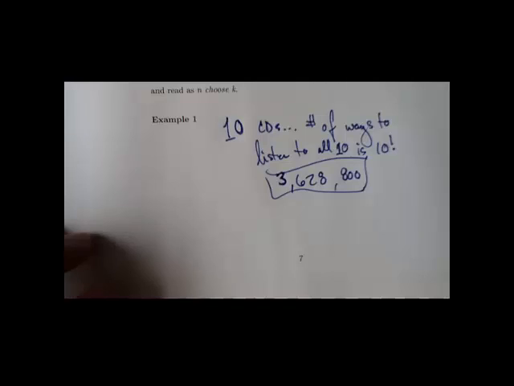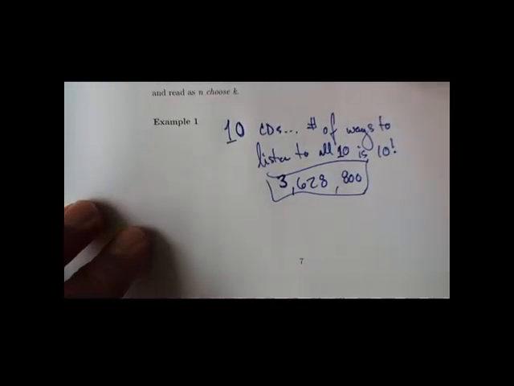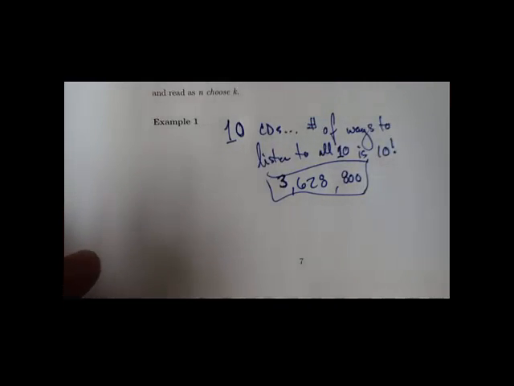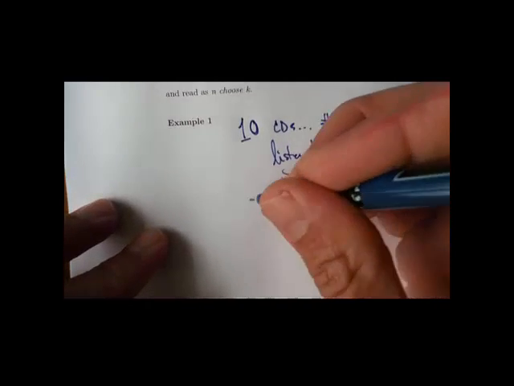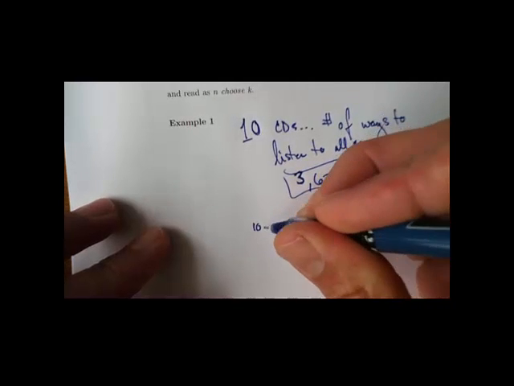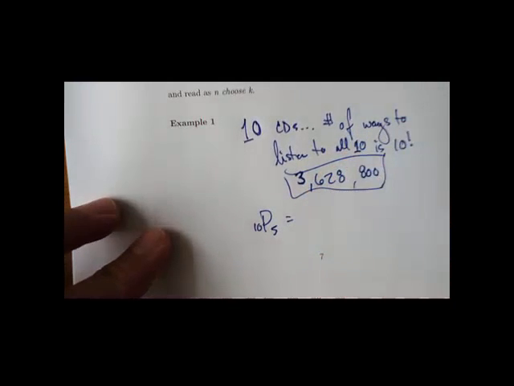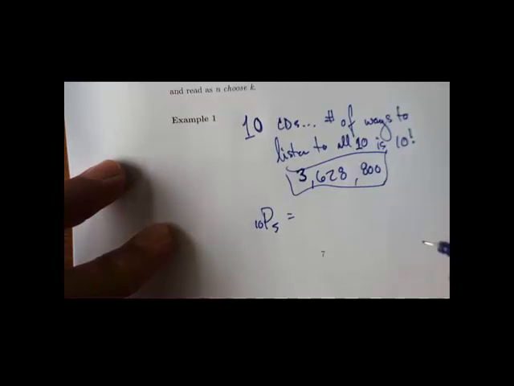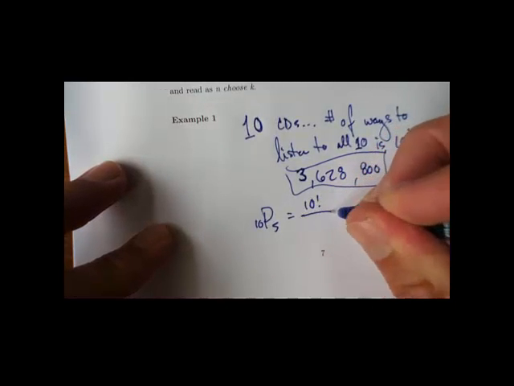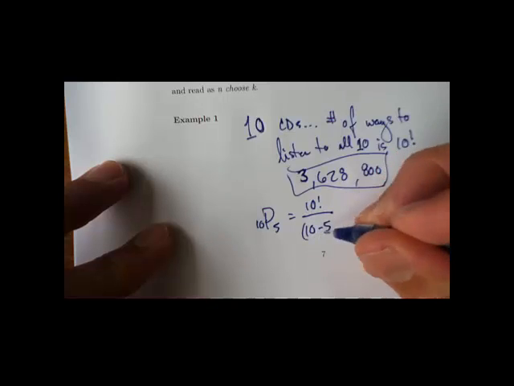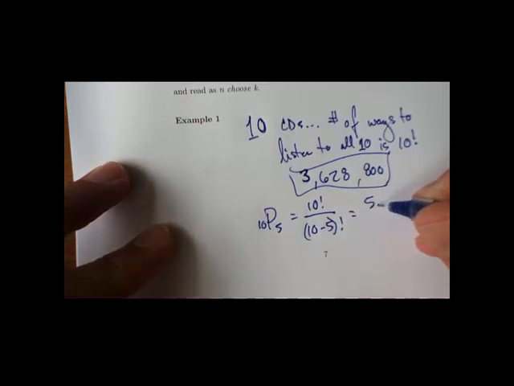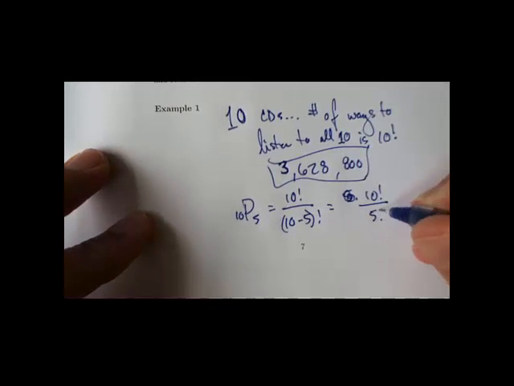How about if you have 10 CDs, but maybe you only want to choose and listen to 5 of them? How many ways can you pick 5 CDs from the 10 and then listen to those in different arrangements, different orders? That's going to be 10 permutate 5. By the definition there, it's going to be 10 factorial over 10 minus 5 factorial, or 10 factorial divided by 5 factorial.